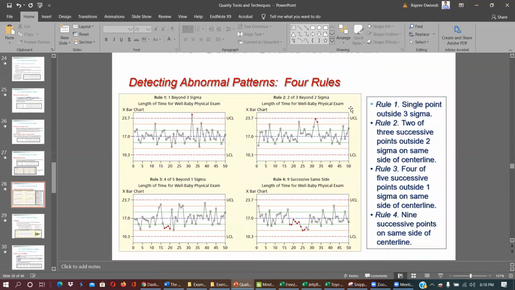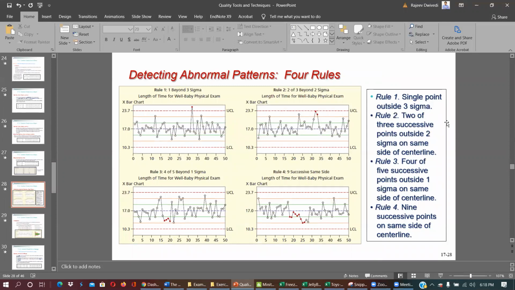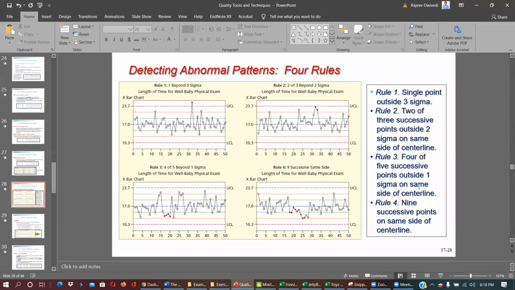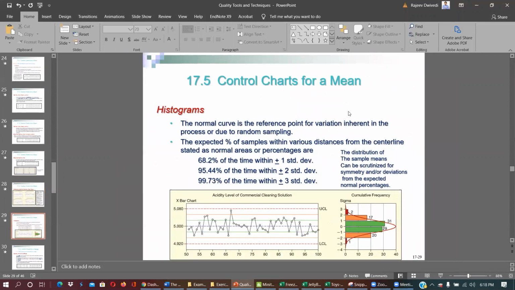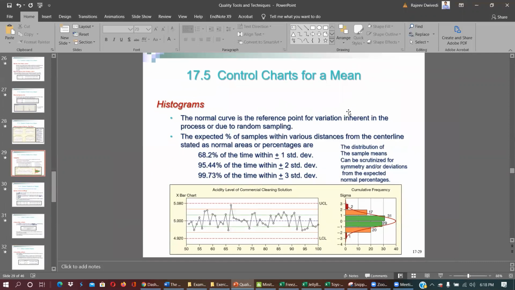These 4 rules are clearly written here, including 9 successive points on the same side. Control charts for mean. So this is exactly the 6 sigma.